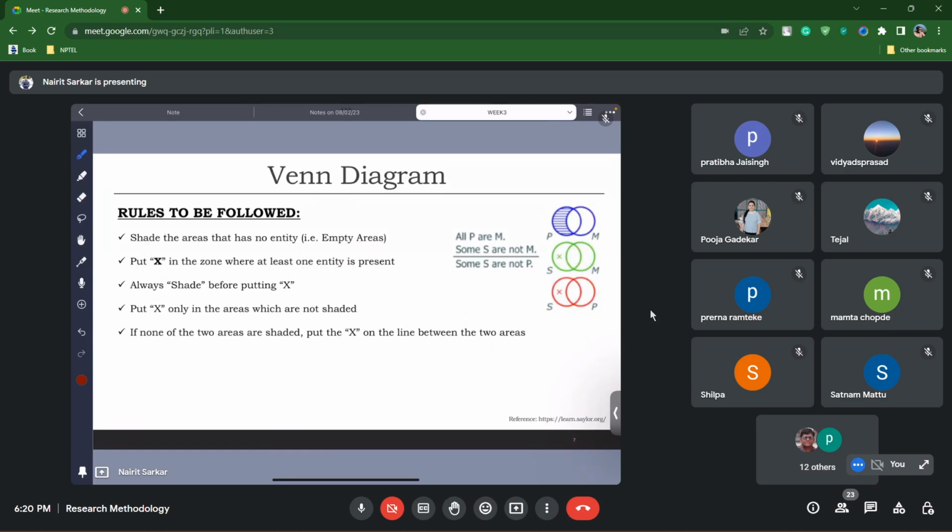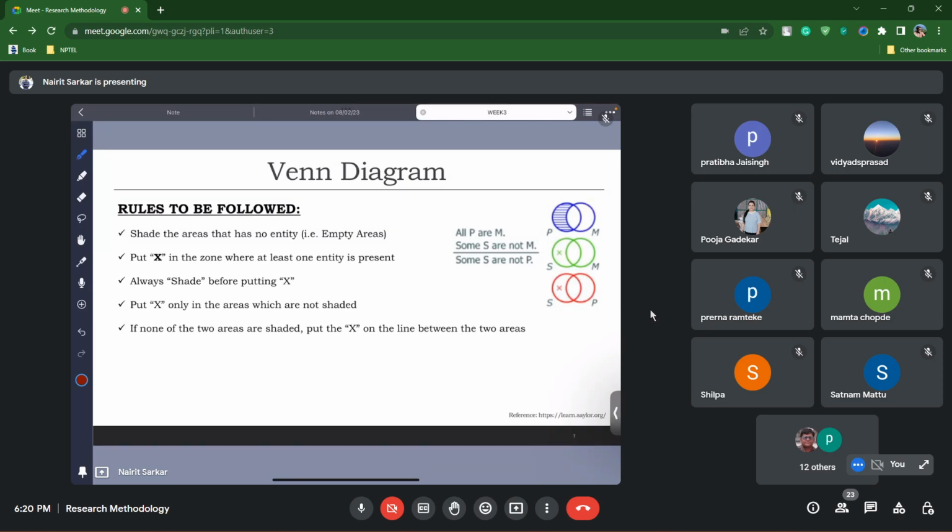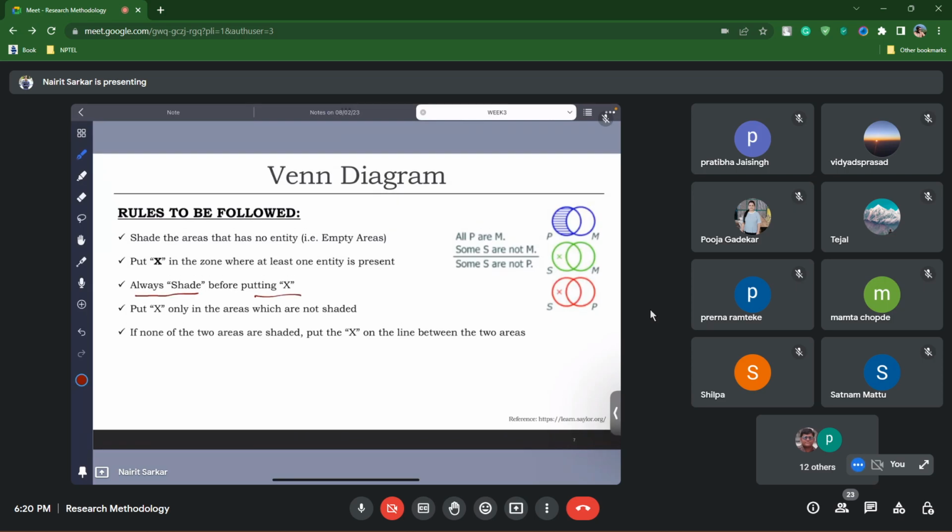Then always shade before putting X. That means never put X in the shaded region.